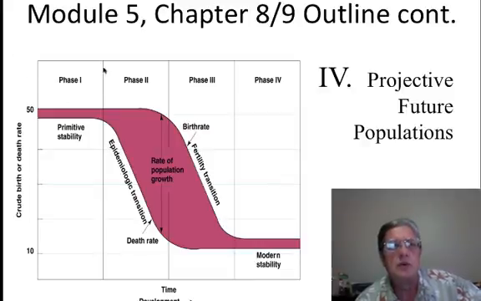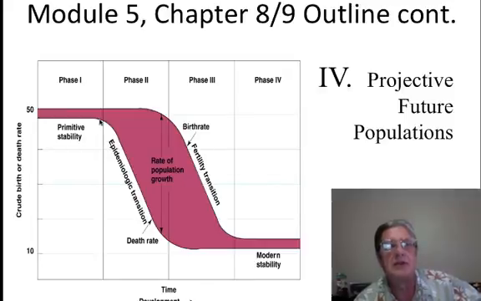If we look at phase one of what is called the demographic transition, we have a primitive era in which the amount of birth that is occurring is balanced almost to the same degree with the amount of death that's occurring. And it's the difference between birth and death that determines what the actual population is.